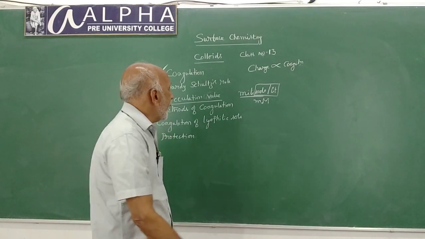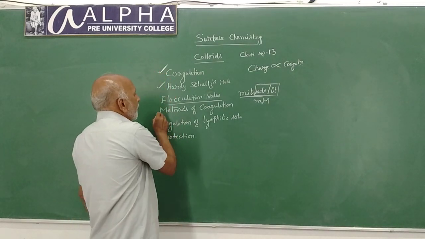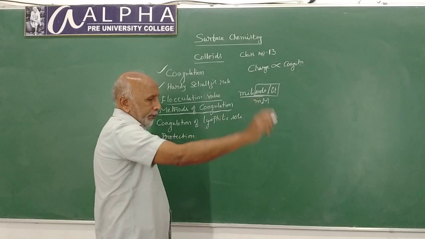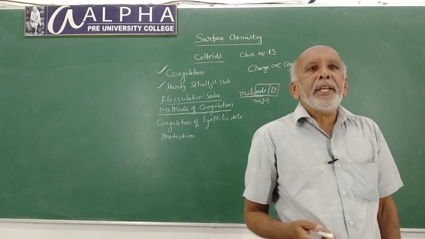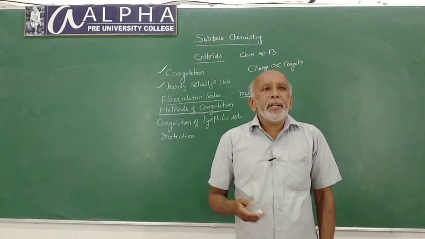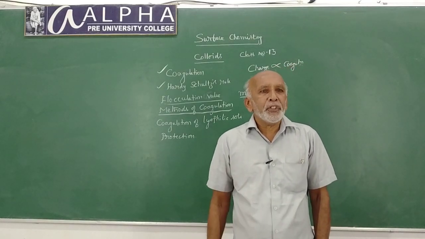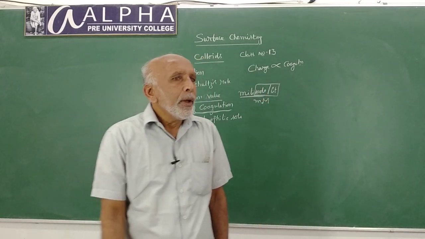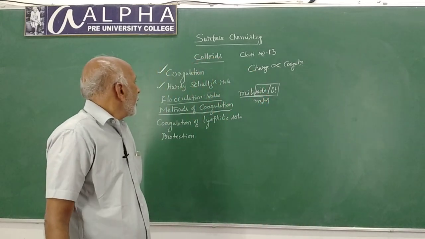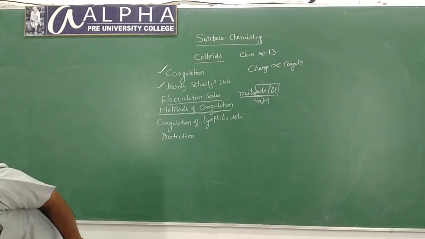Okay. Next one is methods of coagulation. Let us see the different methods to bring about the coagulation. One method you already seen, that is the addition of electrolyte.